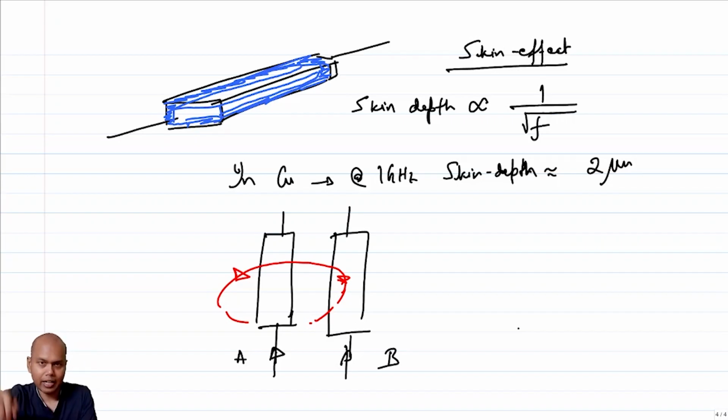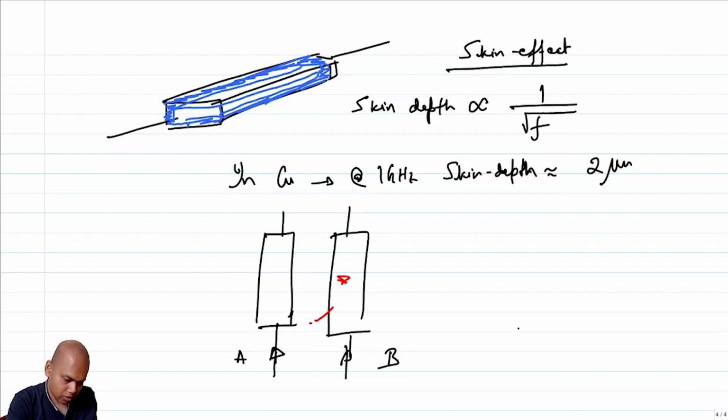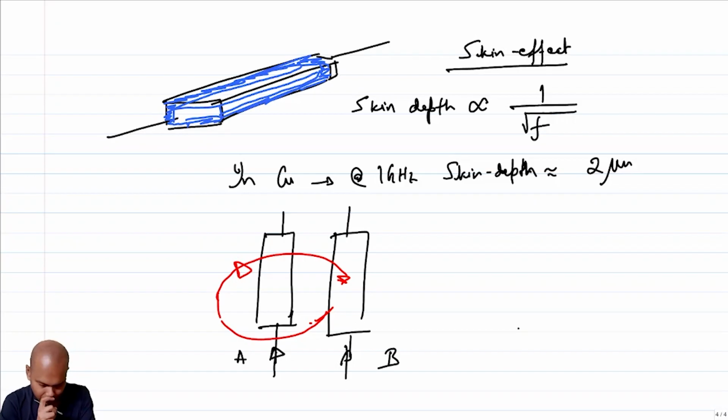Note that magnetic field can penetrate metals. So you'll have a magnetic field which goes something like this. Now see what is happening to metal B due to the magnetic field on metal A, the part that is cutting metal B. So now if you recall Lenz's law, what does it say?